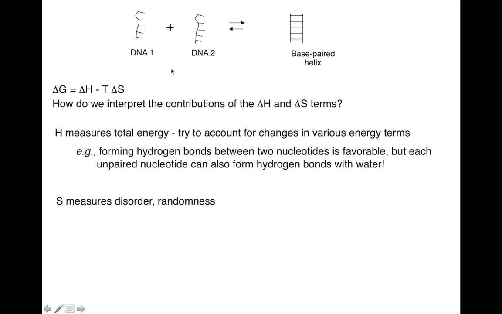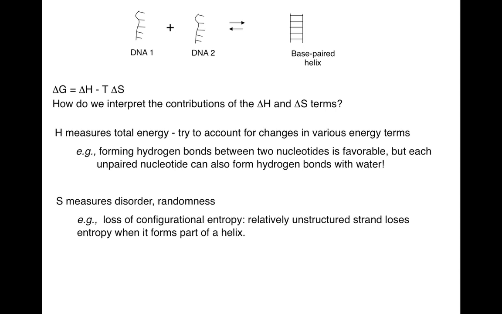Okay. Now, the entropy measures disorder or randomness, or really the right way to think about it is that you are able to sample more conformations, more configurations of the molecule. So one thing that can happen here is that you're losing configurational entropy.